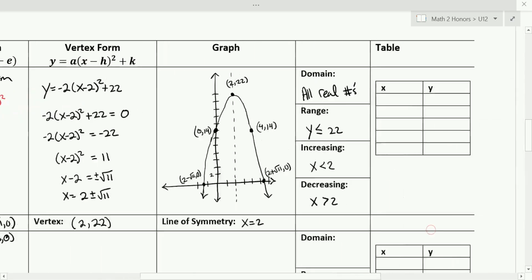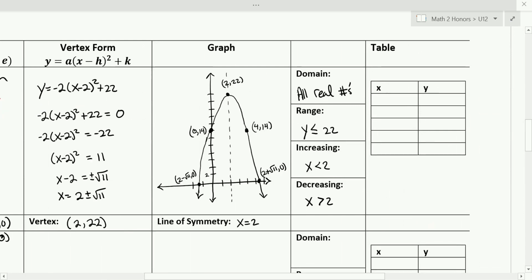And then fill in the points. And we got it.